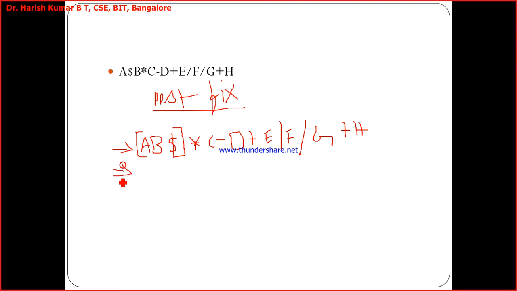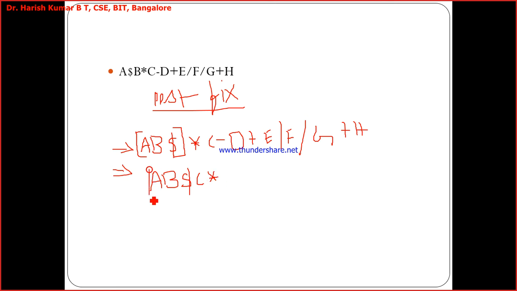Next, multiplication. See, multiplication also has the same precedence, divide also the same precedence, but you have to follow left to right associativity. Follow that. So now how to write it? See, this is one operand, this is another operand for star. I'll write AB dollar, and then C, and then star. Hope you followed.